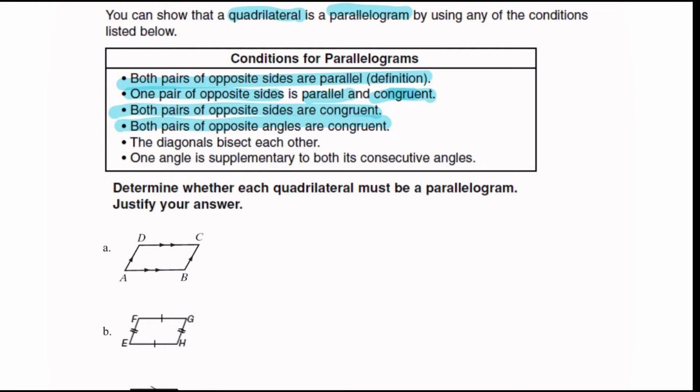Both pairs of opposite angles are congruent. Or that the diagonals bisect each other. And one other thing is that if one angle is supplementary to both its consecutive angles. Those are the most likely ones that you might see in a proof.